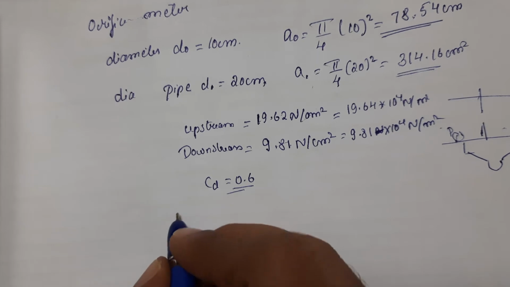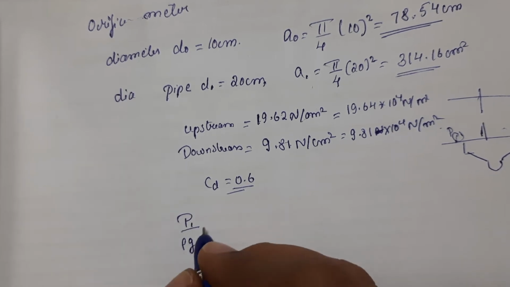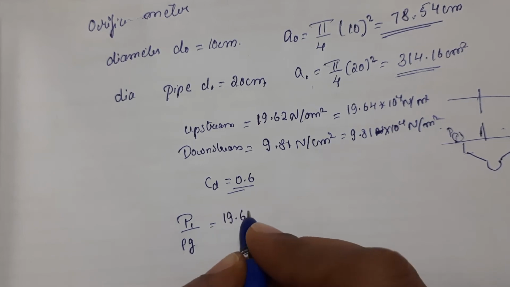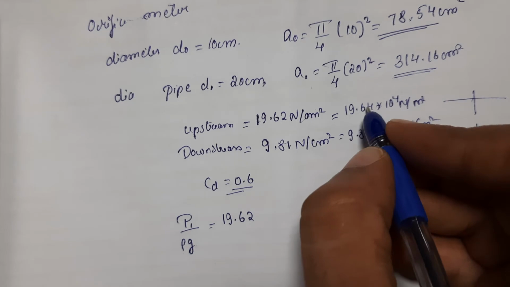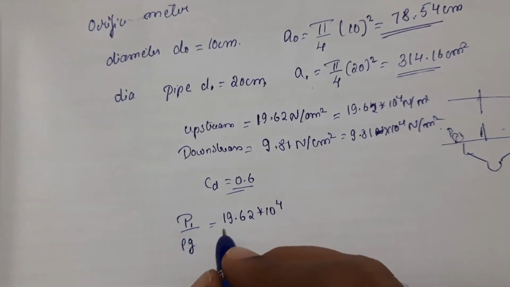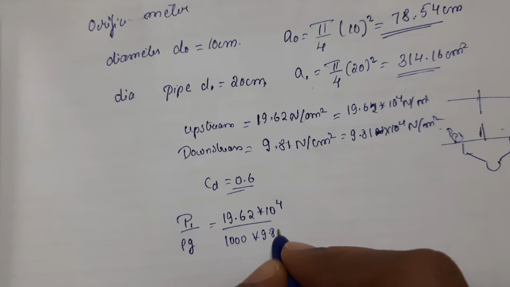Now P1 by rho g is equal to 19.62 into 10 to the power of 4 divided by rho, which is 1000, into 9.81.